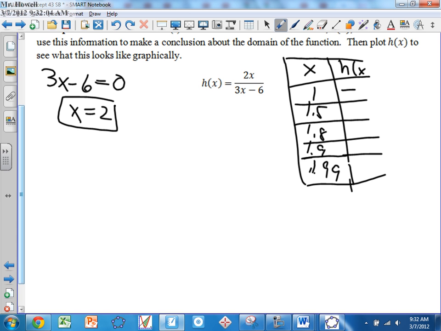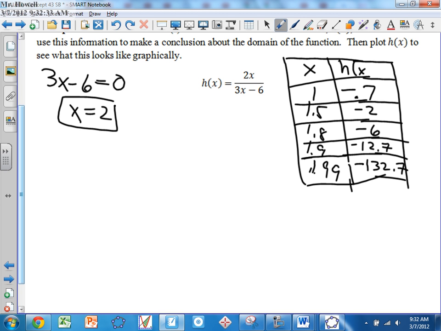And then for 1.5, negative 2. Keep going. 1.8, I got negative 6. And then for 1.9, negative 12.67. Good, keep going. And then for 1.99, I got negative 132.7. Very good.